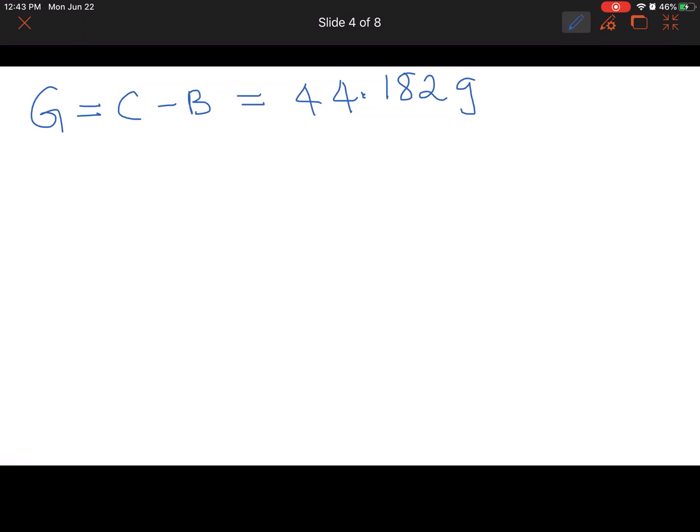Okay, so that is G, and H is going to be delta T for the water. That's going to be final temperature minus the initial. We have the final temperature at the F line minus the initial temperature of the calorimeter, which is D. So F minus D. The final temperature was 36, minus the initial temperature of the water, which was given to us as 22. 36 minus 22 in Celsius, and that's going to be 14.